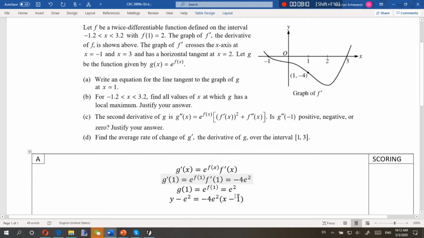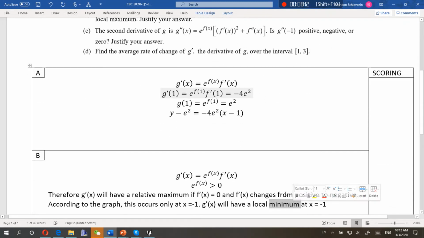Okay, a local maximum, sorry. Positive to negative. Okay.